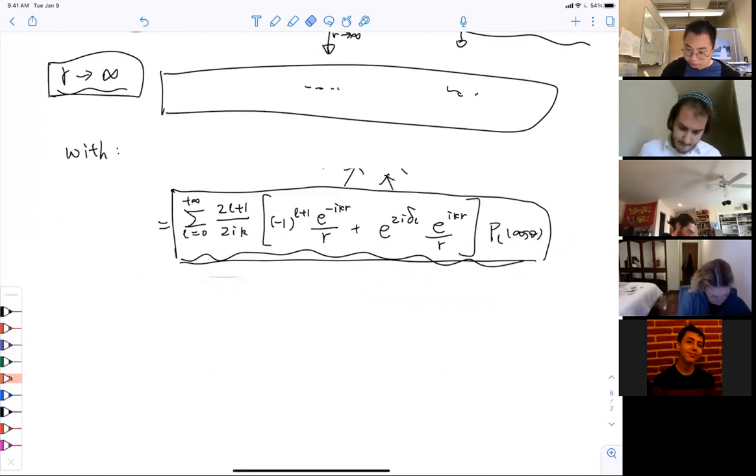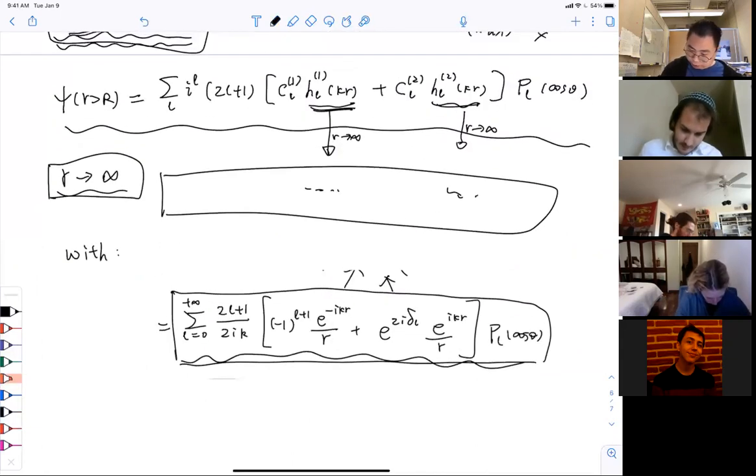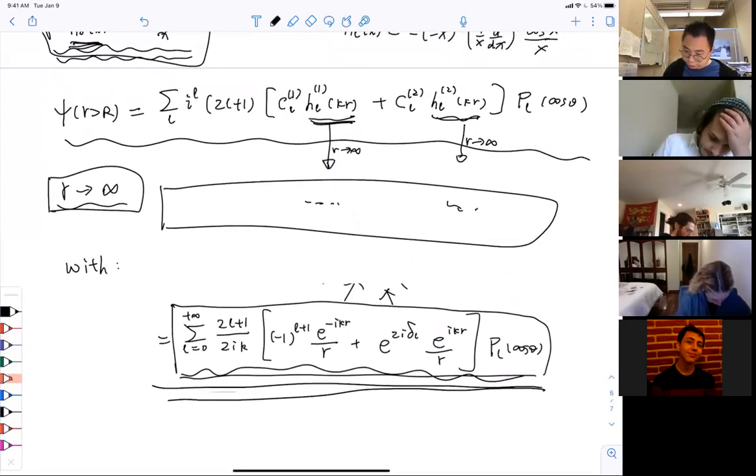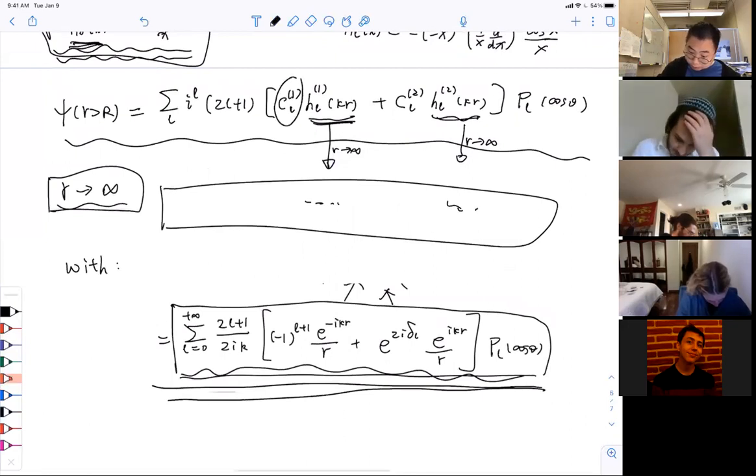Match our solution with this one, and then by comparing the coefficients, we can determine C1 and C2 in terms of the phase shift delta L.